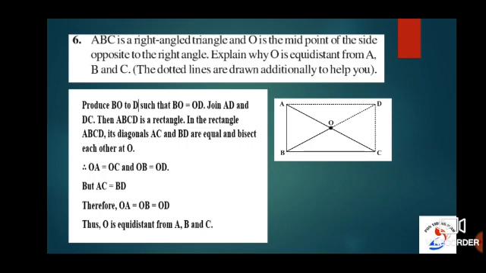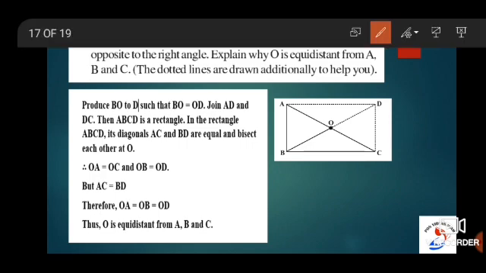So we have just taken dotted lines to make ourselves clear. What we are going to do is produce BO. We are going to extend this line BO to the point D such that BO and OD are both equal. Now we are going to join AD along with DC. Then we get the figure ABCD to be a rectangle.